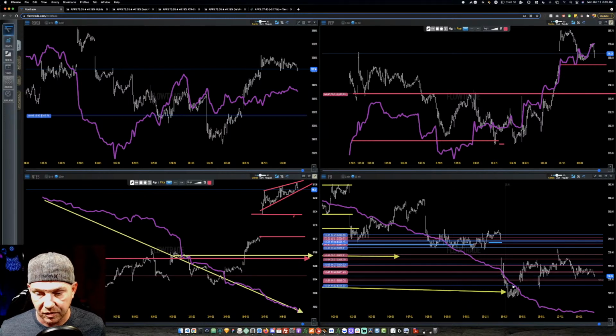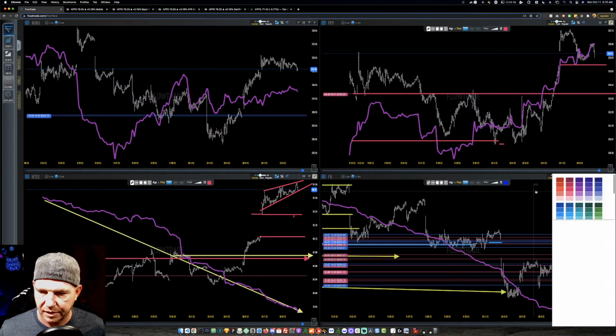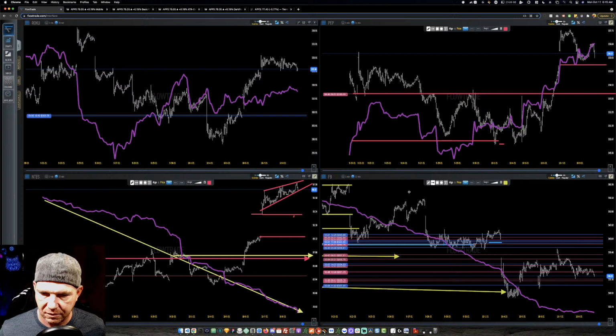Facebook. Okay, so Facebook is interesting here. I don't know if this is a head and shoulders, but the algo has been net selling since back on the 21st. I'm down here in the right-hand corner. So the algo is moving to the downside. Little bit of consolidation. Oh, come on, I changed tools.